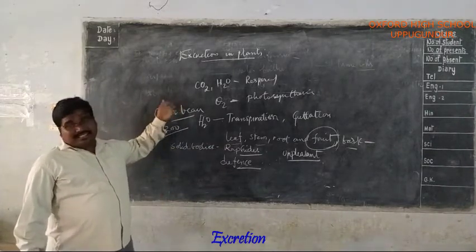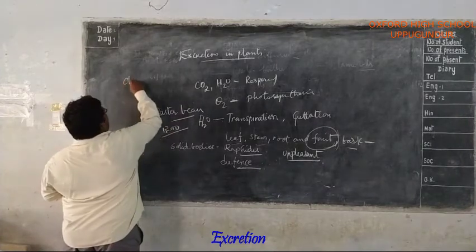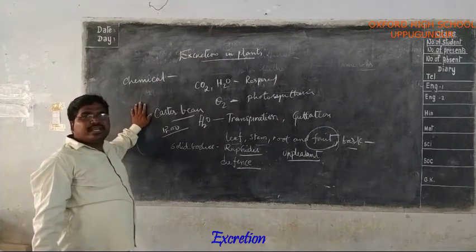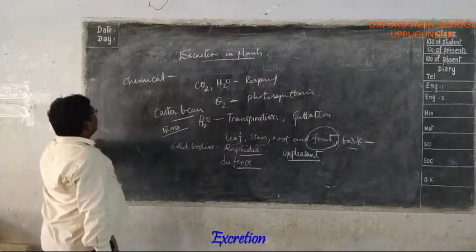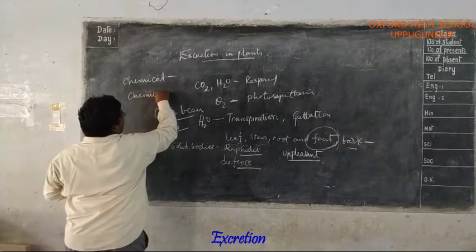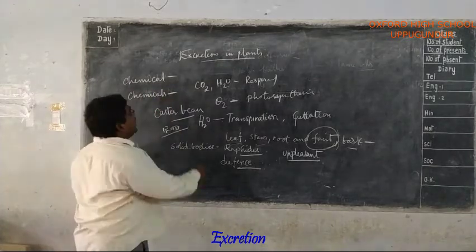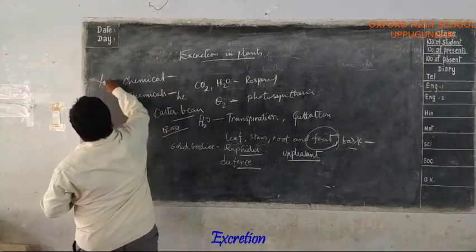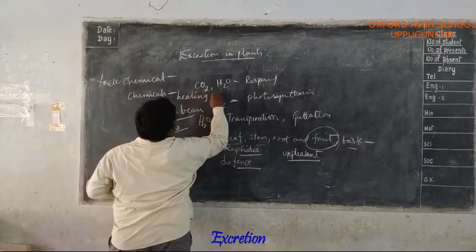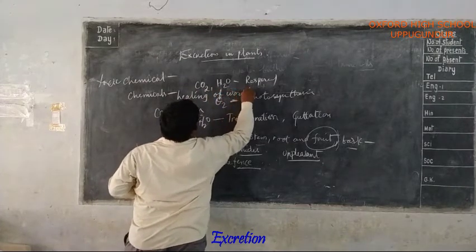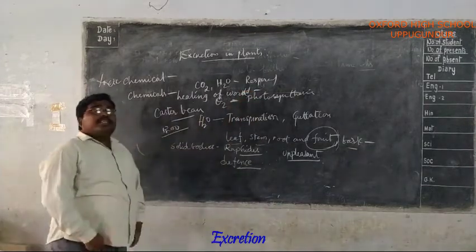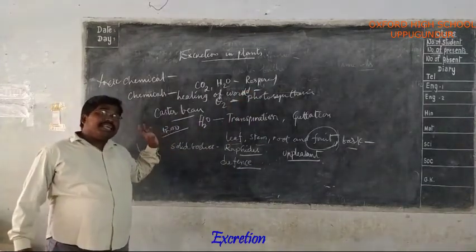So the plant secretes these compounds. Some of them are chemicals that protect the plant from herbivorous animals, and it also releases some chemicals which are useful for the healing of wounds.